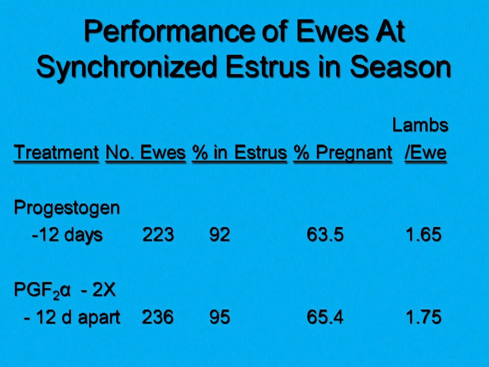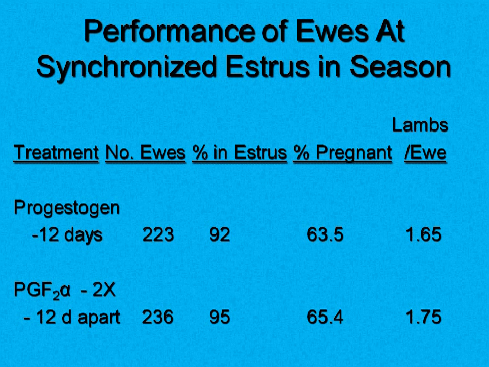The first time we get all the animals that are between 5 and 14 to respond, and those animals then 12 days later will be about 10 days along, so they're in a very responsive stage, and the other animals will either be ready to come into estrus from their previous ovulation or at a stage that they have a responsive corpus luteum. So now we treat 236 ewes in this case with prostaglandin. 95% were in heat, 65% conception rate, and 1.75 lambs born per ewe treated.